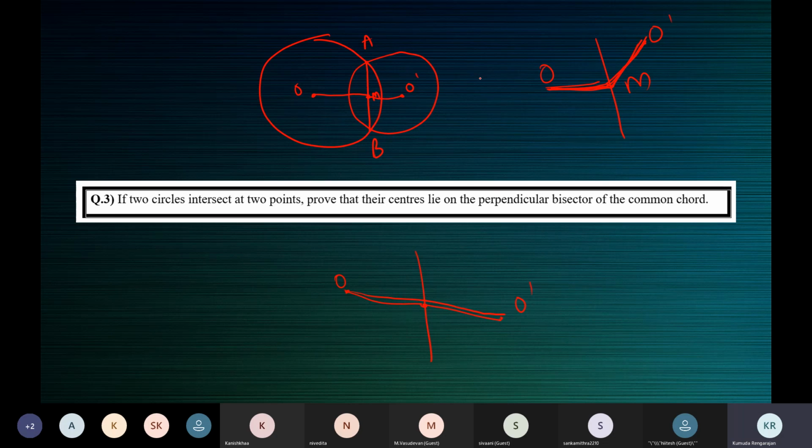We're going to prove that. We have not assumed that when you join OM and O dash M, OM O dash is a straight line. That we cannot say, because it can also be something like this. Let me come again.